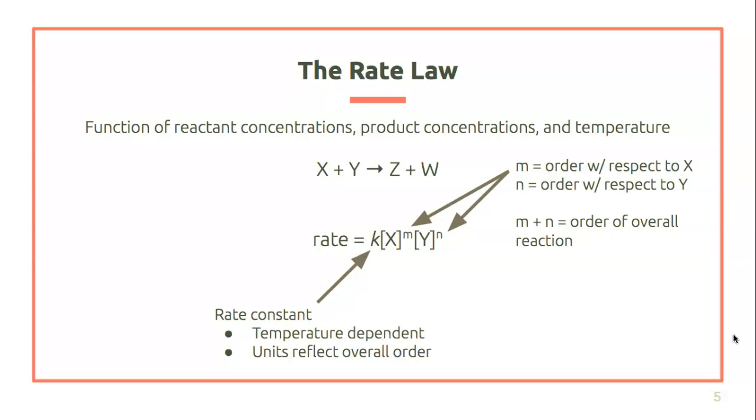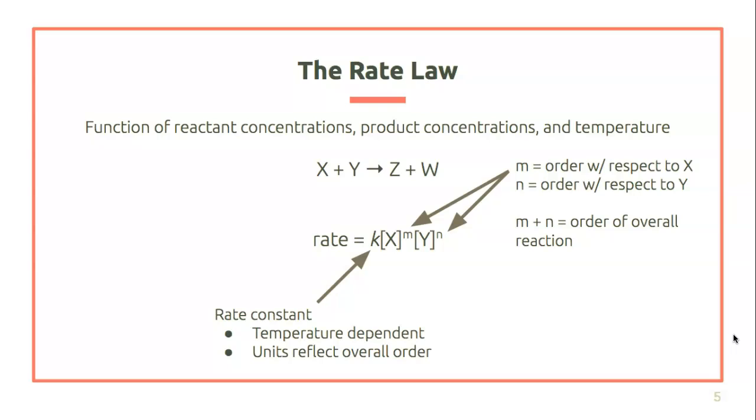And so let's talk about orders. As I said, m and n, those exponents, are the order with respect to X and the order with respect to Y, respectively. To calculate the overall order of the reaction, we add those together, which, if you think about it from a mathematical perspective, should be very familiar. When you're multiplying two values together that have exponents, we add the exponents together.